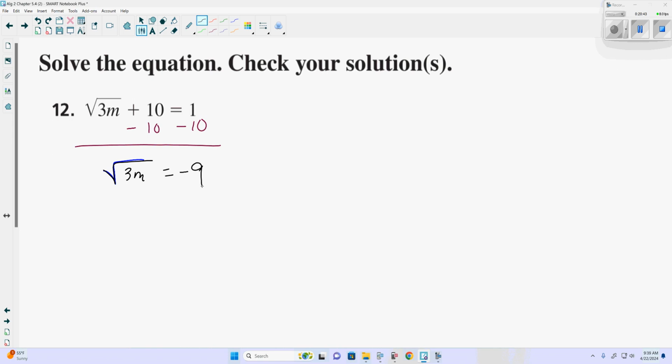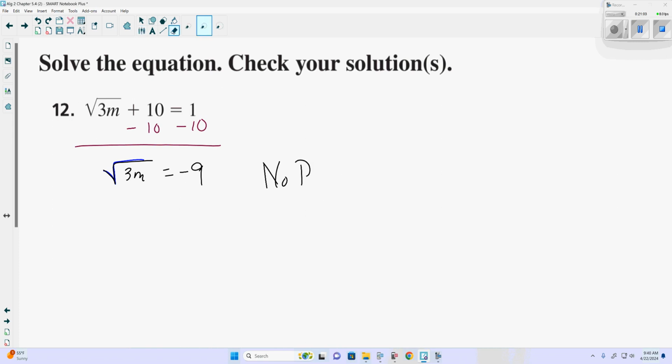Okay, what's next? Well, there's kind of an issue to begin with. Is there any way that this square root can be a negative? No.